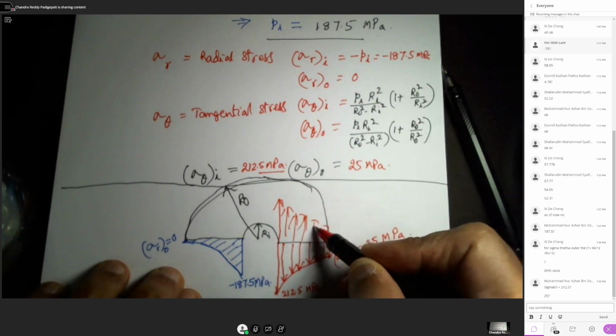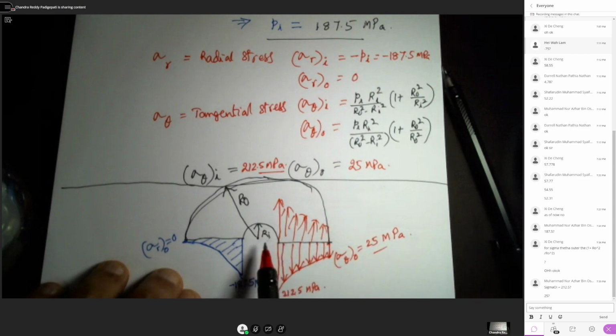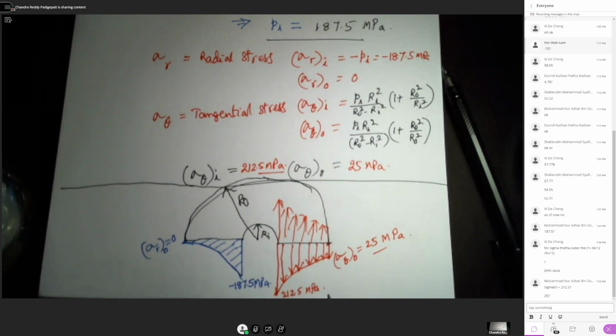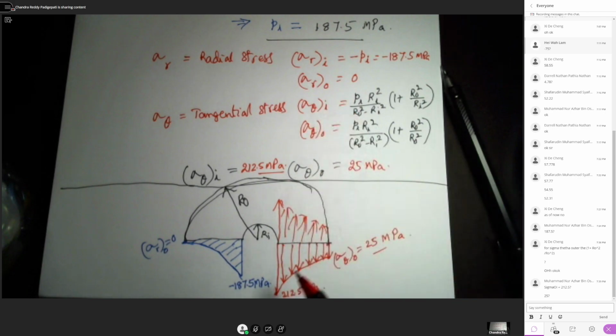It is only depicting the stress distribution within the thick cylinder, how the radial stress and tangential stress vary between the inner and outer radius. Once you calculate the numerical values, just show approximately. If the question asks you to draw the stress distribution, then you must plot this.